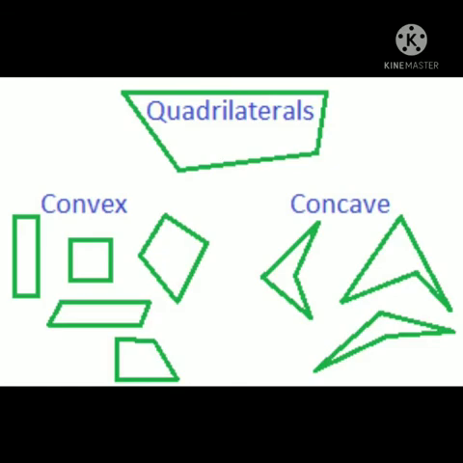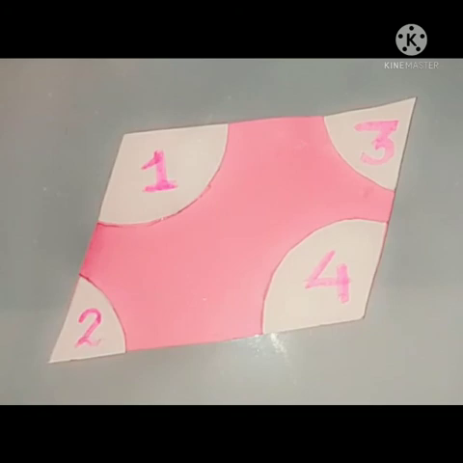So without wasting any time, let's start our activities. First of all, take a quadrilateral. I have taken a parallelogram. You can take any example of a quadrilateral. Then I have marked the sectors 1, 2, 3 and 4.